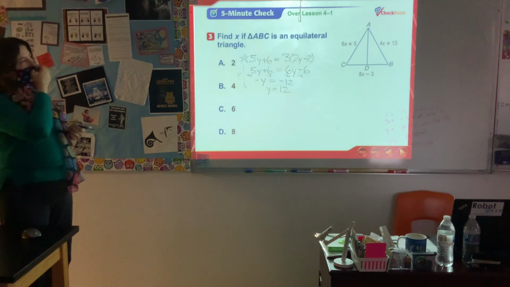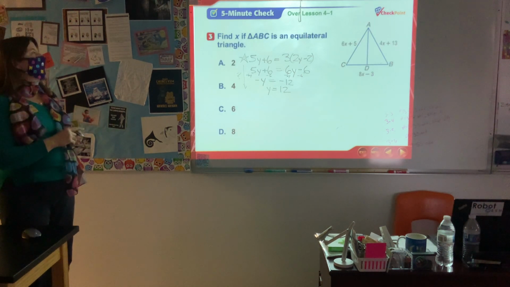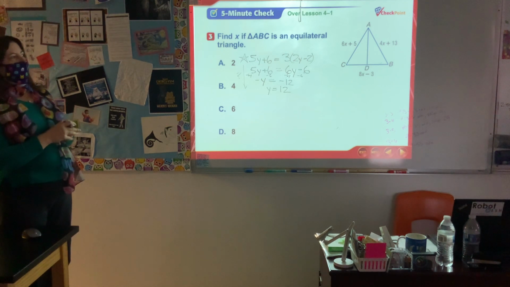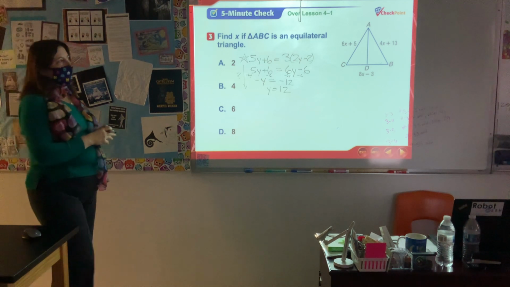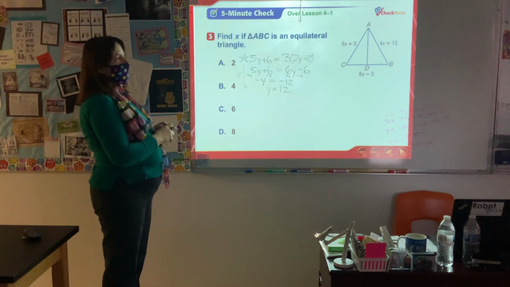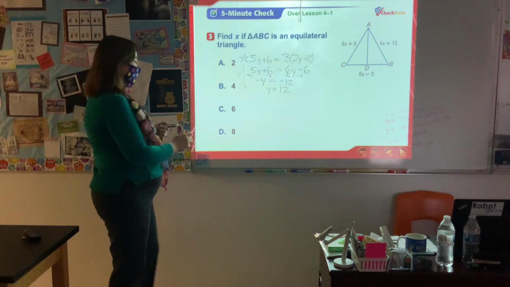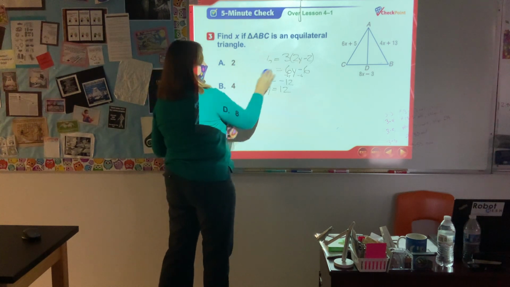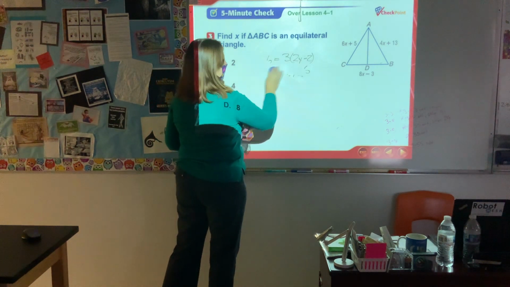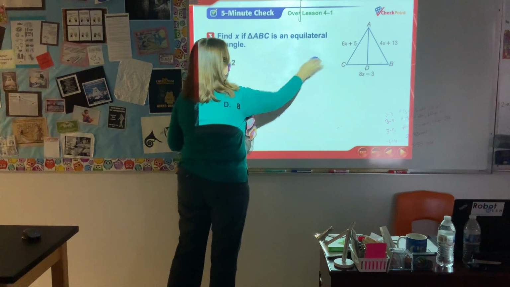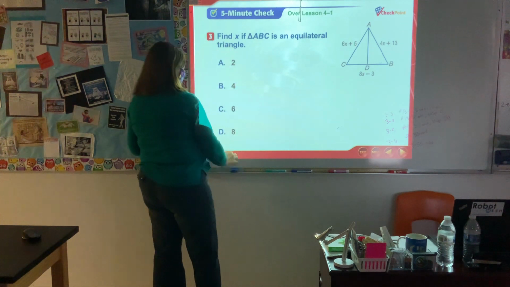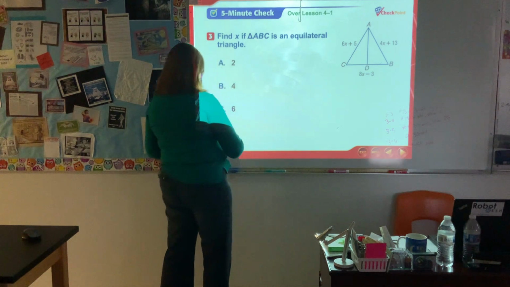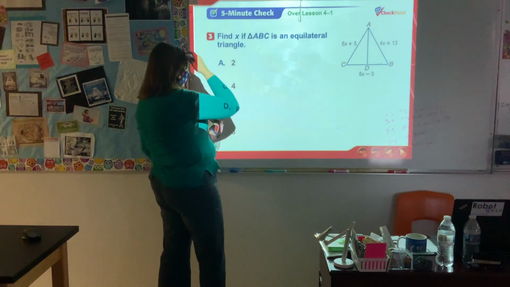Okay, let's find x if ABC is an equilateral triangle. So what do we need to do this time? Pretty much the same as before, right? Do I need to worry about all three sides? No, because all three sides are the exact same length. All we have to do is set two of them equal to each other so we can solve for x.